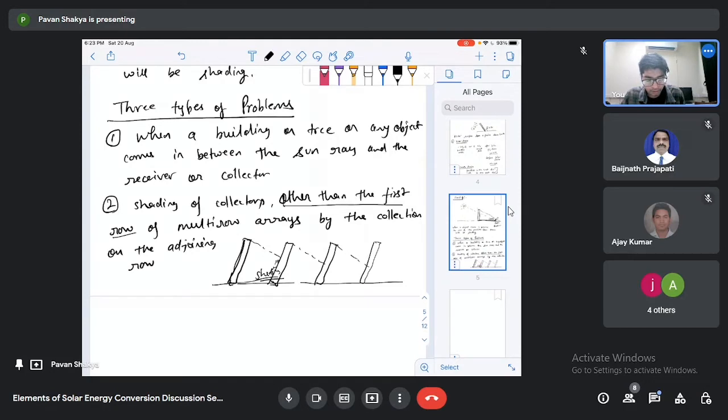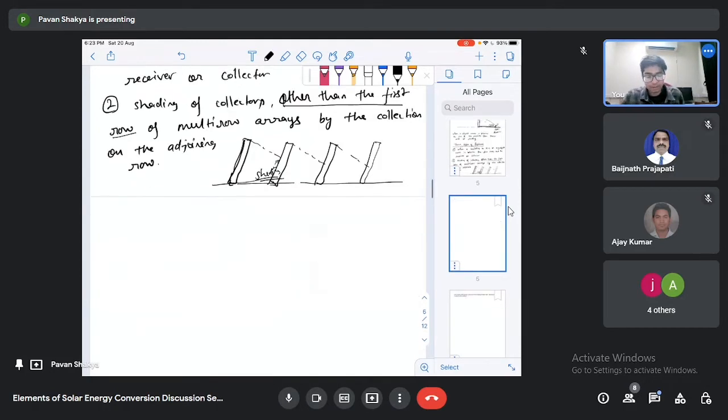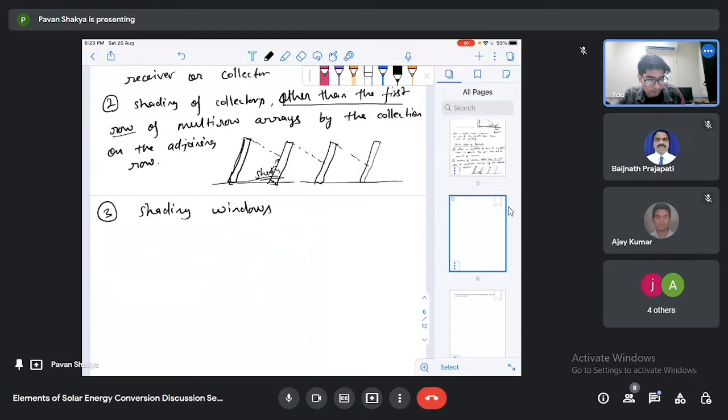Now the third type of problem you will often see is shading of windows by overhangs.